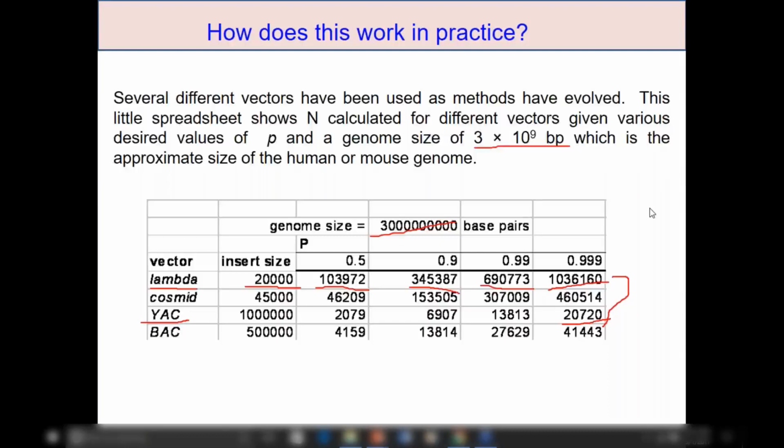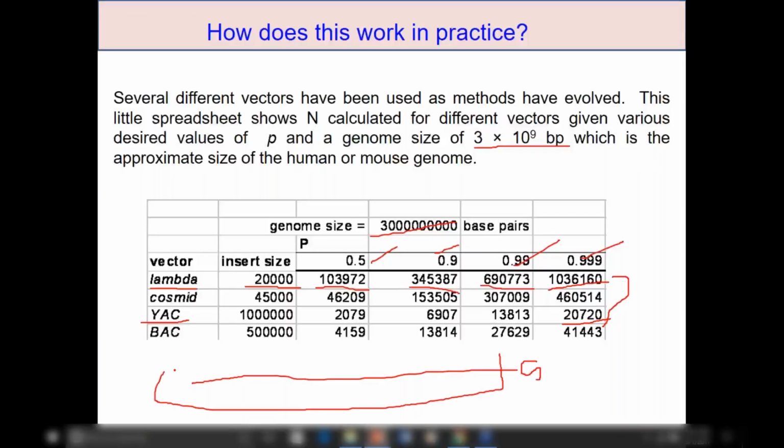Why did we take 95%? You can take anything. You can take 0.5, 90%, 95%, 99%, it doesn't matter. I think you didn't get the idea why 95%. If this is the size of the genome, to cover at least 95% of my sequence, how many clones do I need?